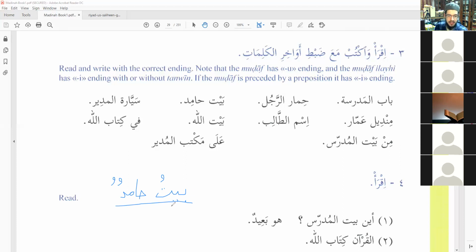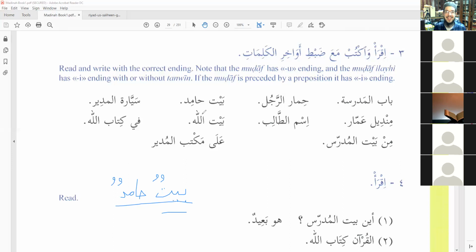Because this noun has no alif lam and it has no tanween. If we add a tanween, it becomes an incomplete sentence. It literally means a house, hamid. Right? It's nonsensical. A house, hamid. What do we have to do to hamid in order to make the relationship between them clear?